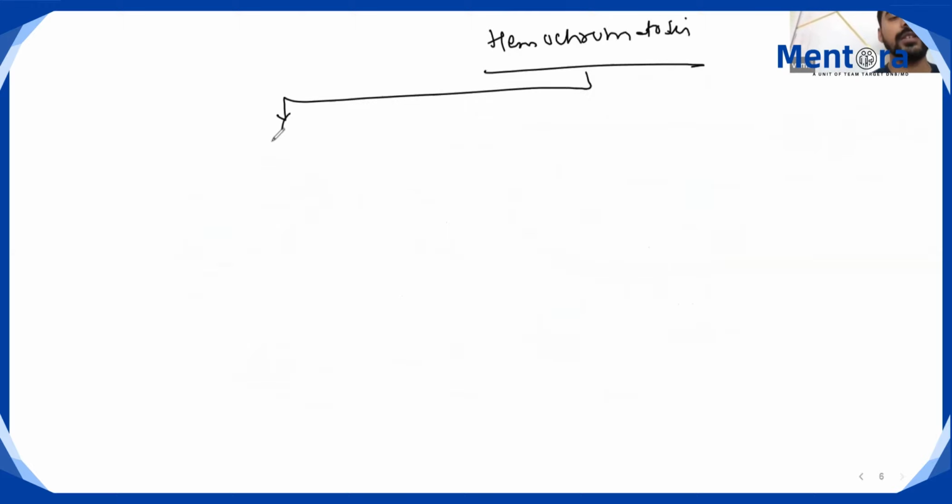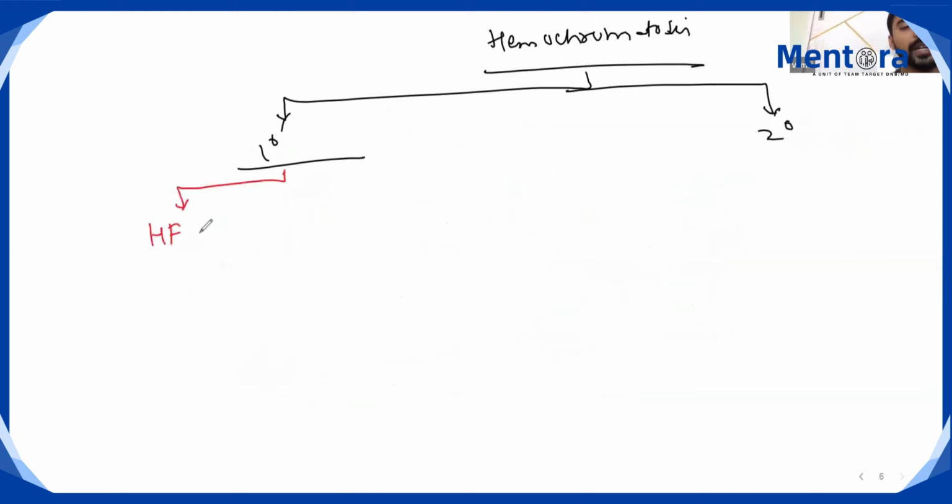So this thing, I can make a simple chart for you now. When coming to hemochromatosis, this can be primary or secondary, right? In the case of primary, one is homeostatic iron regulator gene related, and the other is non-homeostatic iron regulator gene related.